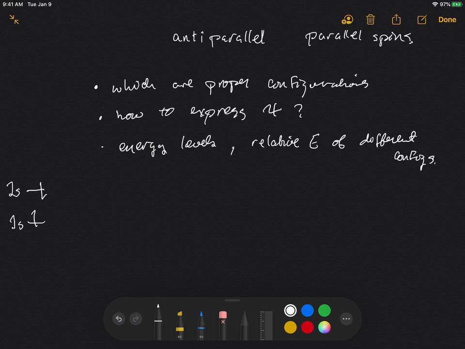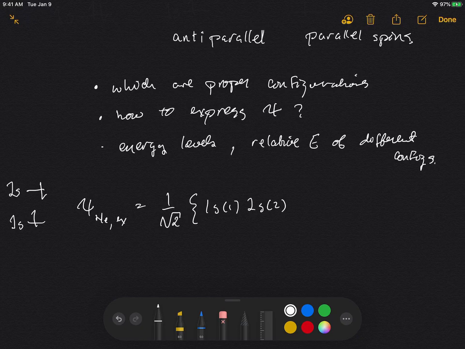Okay, so it turns out that the wave function for this helium excited state can be written as follows. So that's psi for helium excited. There's some sort of normalization constant. We represent these wave functions like we did previously.